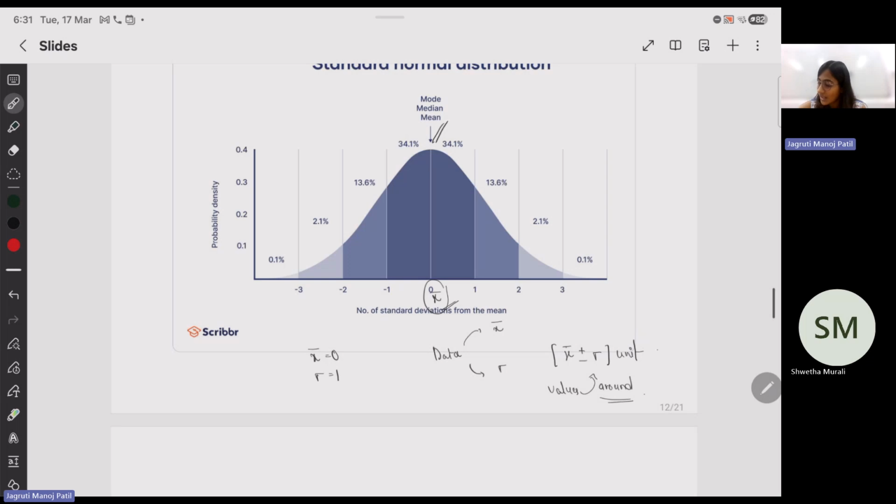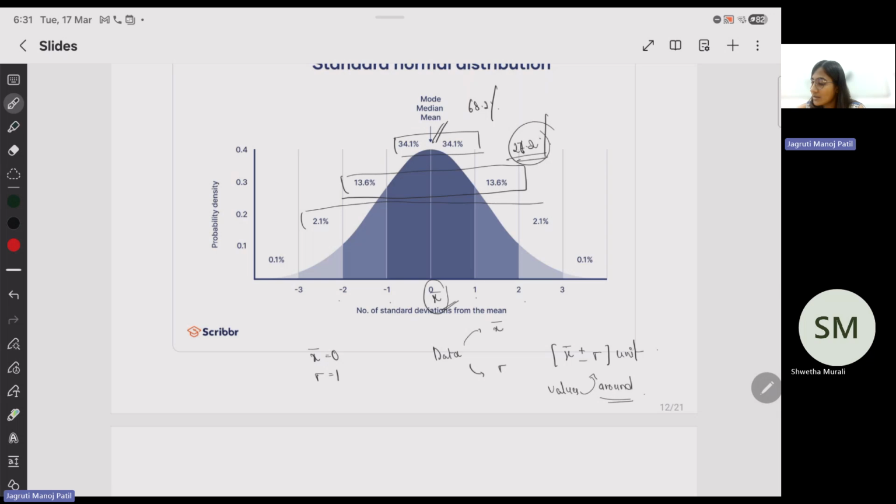So this is the mean, and how many standard deviations does it vary? If it's varying by one standard deviation, I'll have 68.2% right here. If it's two standard deviations, it would be the sum of both of them, so something like 95.4%.